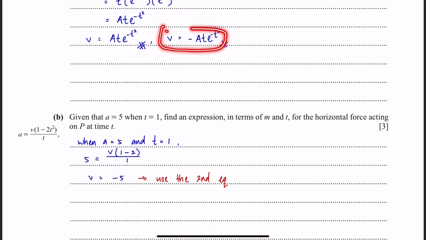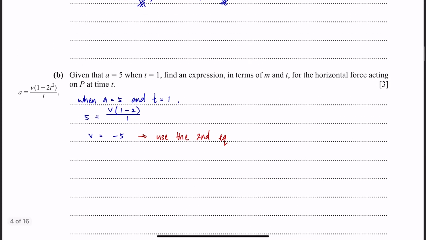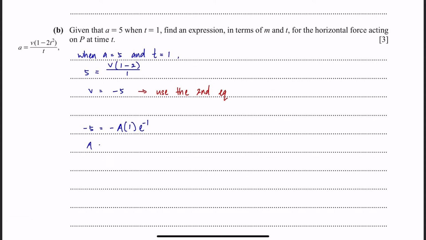That's why we need to use the second equation to get a negative value. So now we can find the value of A. So v is negative 5 equals negative A times t, which is 1, times e to the power of negative 1. So A would be 5e.